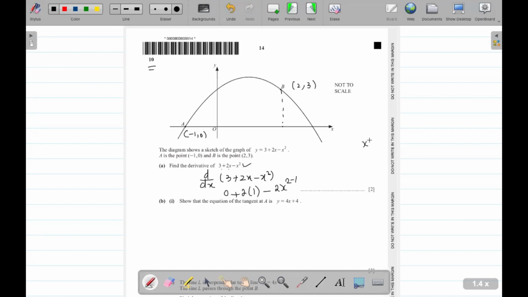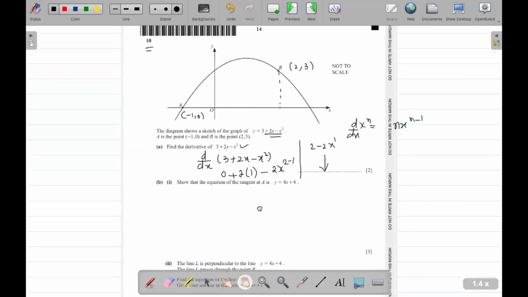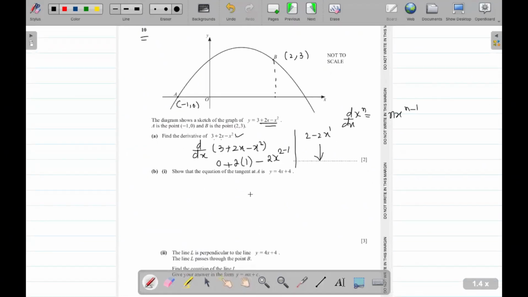We use this formula: d over dx of x to the power n equals n into x to the power n minus 1. We use this formula and this value becomes 2 minus 2x to the power 1, and this is the derivative of this expression.